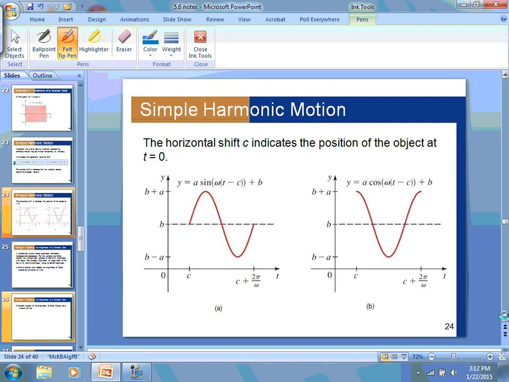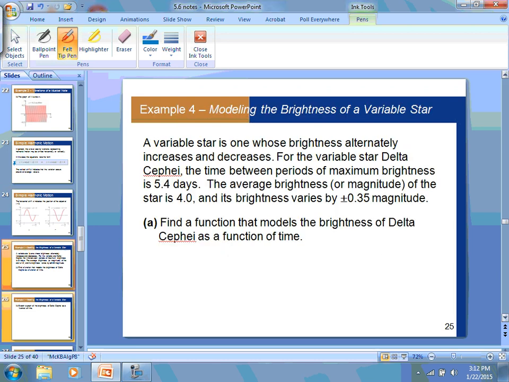Okay, so let's take a look at example 4 here. It says a variable star is one whose brightness alternately increases and decreases. And for this given star, the time between the periods of maximum brightness is 5.4 days. So that means it has a period of brightness, and then it gets a little dim, and then it comes back up and it's bright again, and that takes 5.4 days to happen.